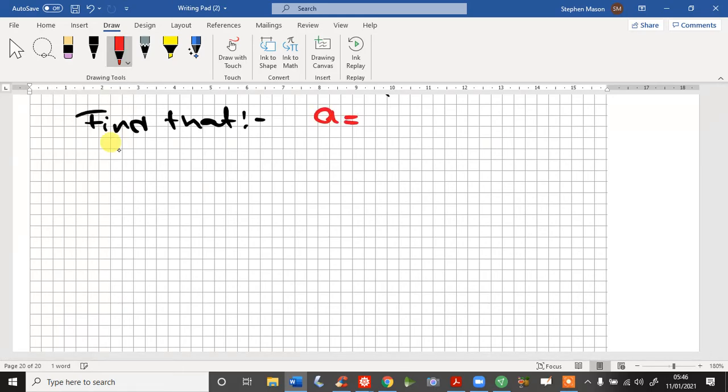So A equals minus 8 over 5, and C is equal to 11 over 5.